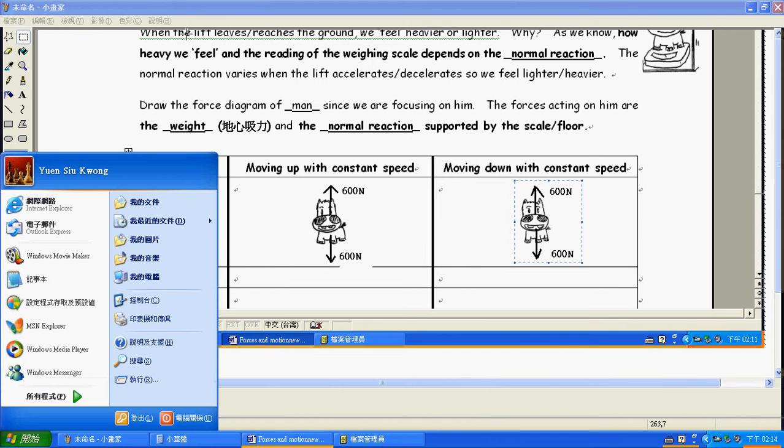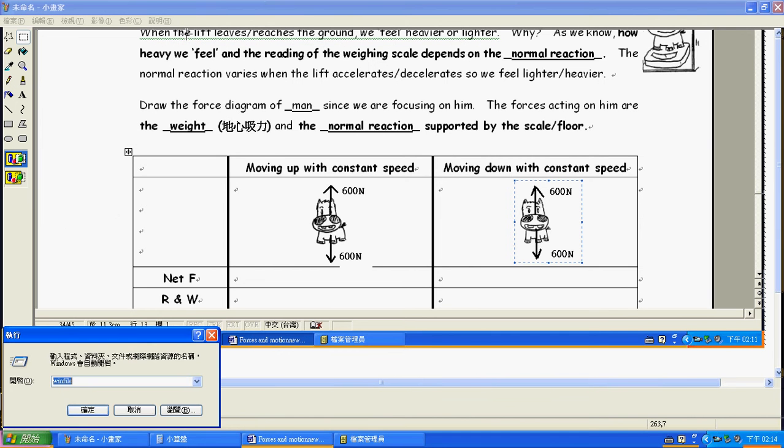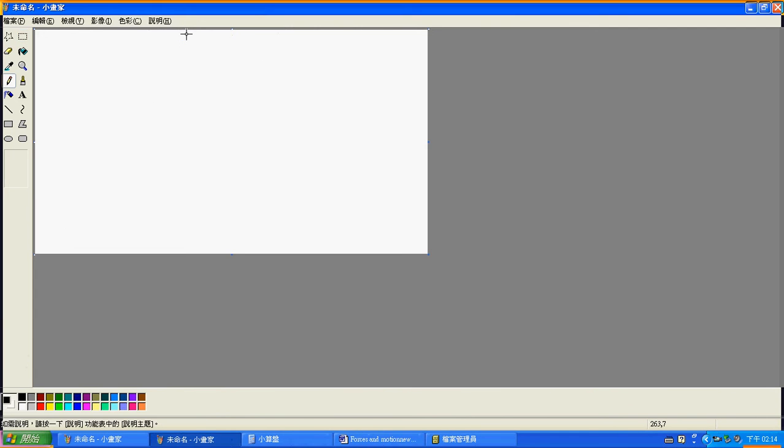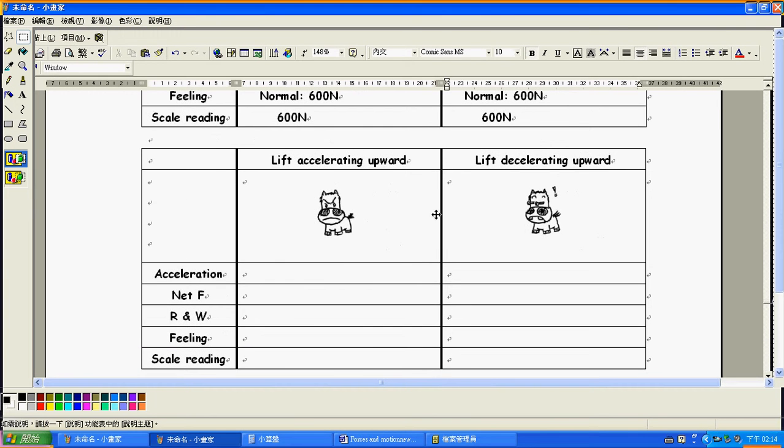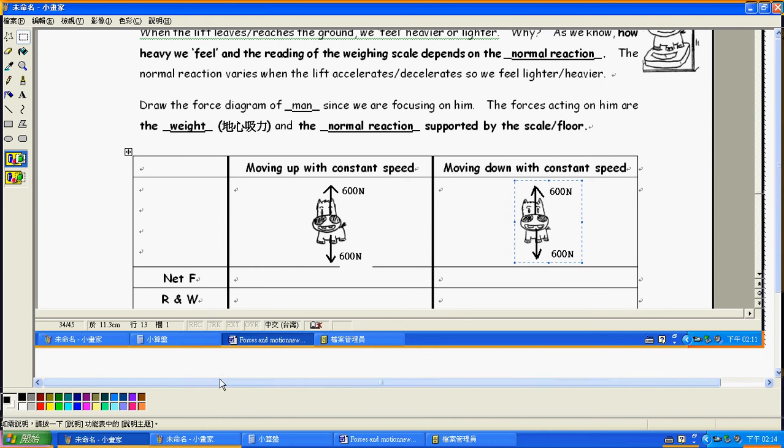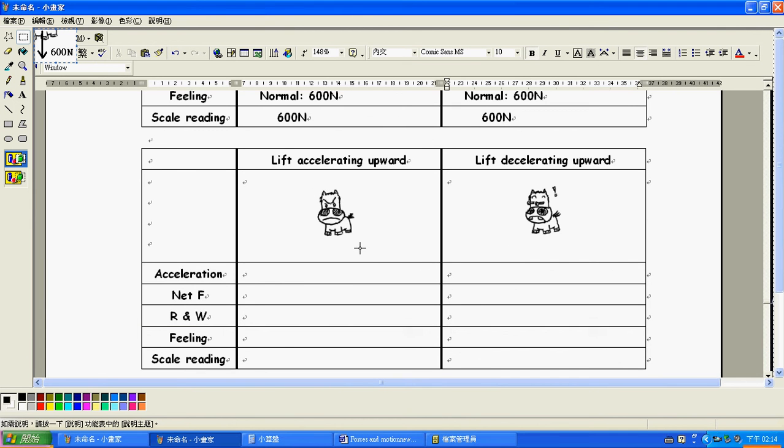So for the first case, the weight is 600 Newton. For the second one, the weight is also 600 Newton.